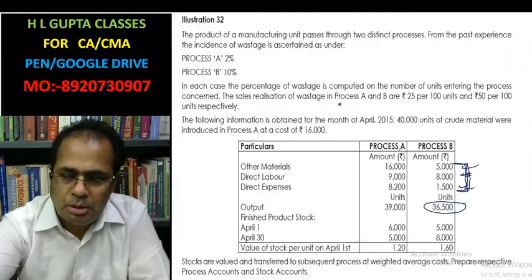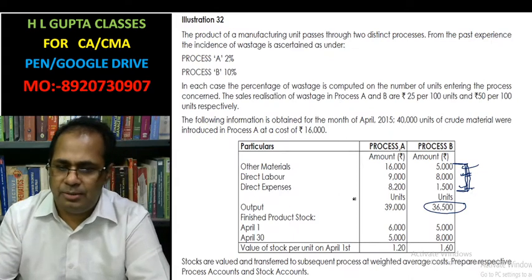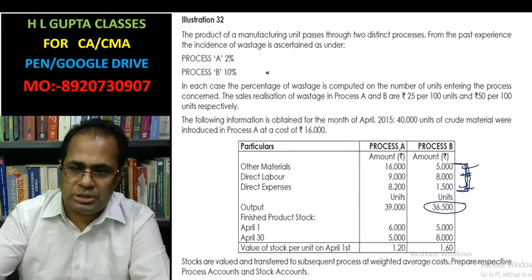Look at it. In process B, normal loss is 10%.